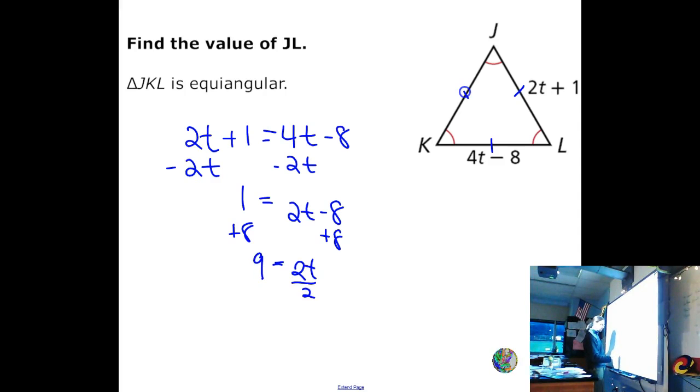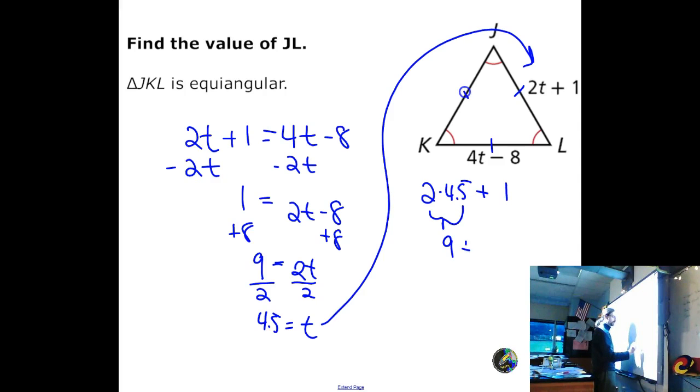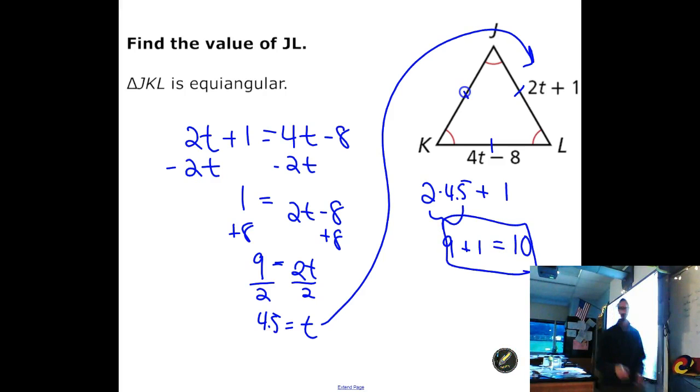Divide by 2. And t equals 4.5. Now I'm not done. I need to plug this back in. So I'm just going to plug it in right here. 2 times 4.5 plus 1. This is 9 plus 1 is 10. That's how you do that.